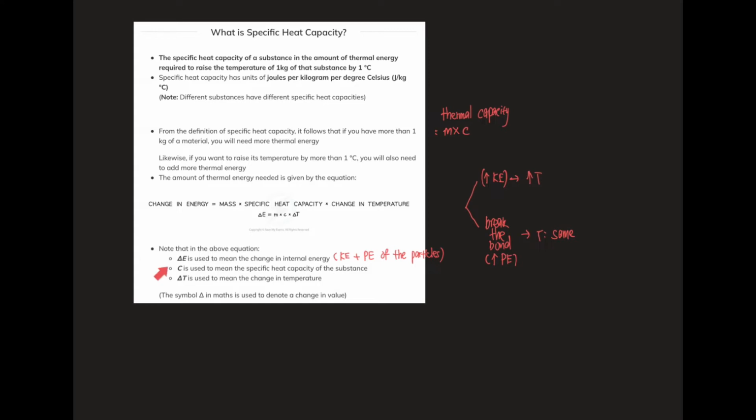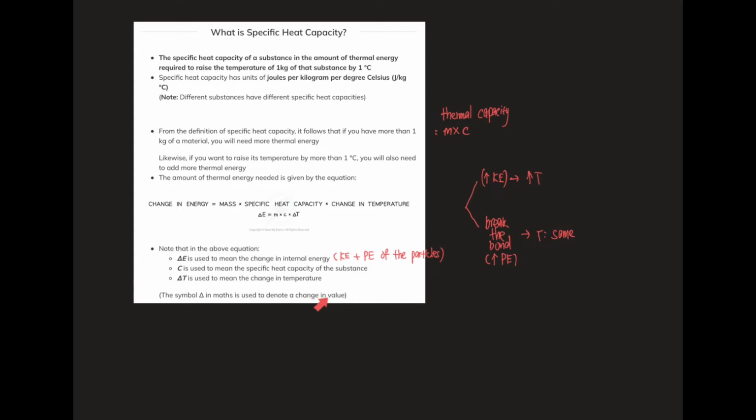Next point, C is used to mean the specific heat capacity of the substance, which is given. Delta T is used to mean the change in the temperature. The symbol delta in math is used to denote a change in value.